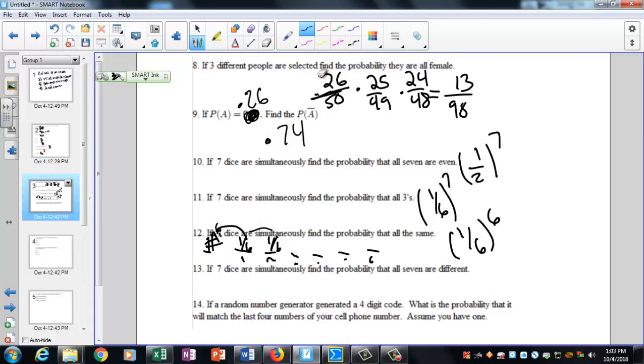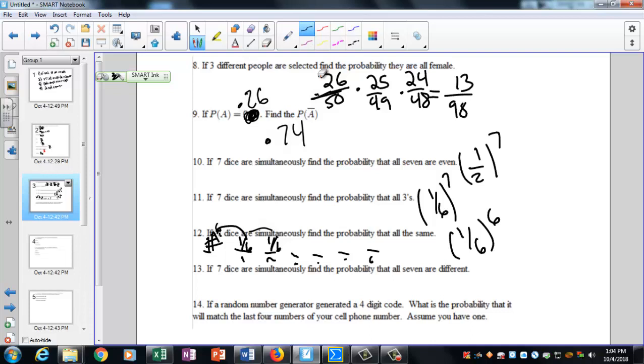7 dice are rolled simultaneously. What's the probability that all 7 are different numbers? It's not possible.